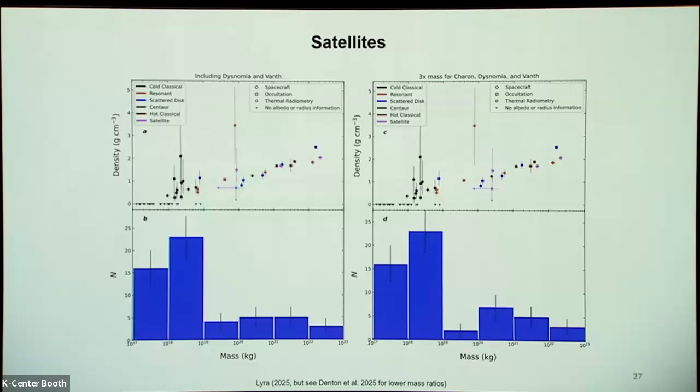As you can see here, they would fall right into the mass gap. Now, if we think that they formed by impacts, then their masses would probably not be primordial.